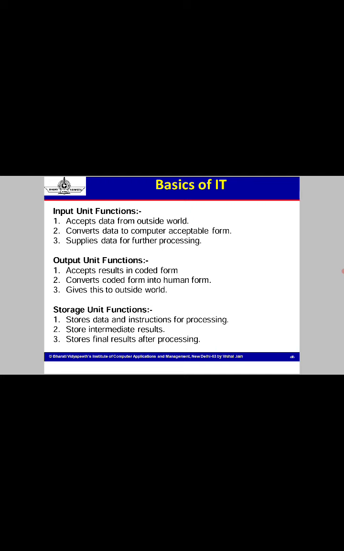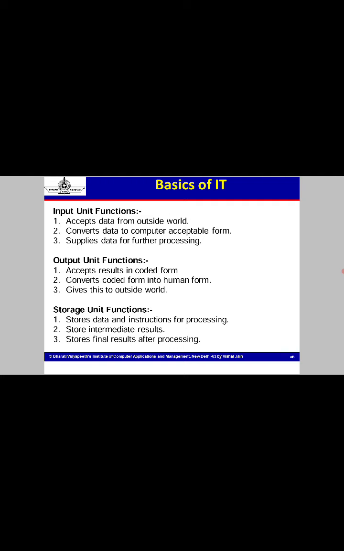What are the functionalities of the storage unit? Means memory. Generally storage units store data and instructions for processing. They can be used to store intermediate results and final results of processing.